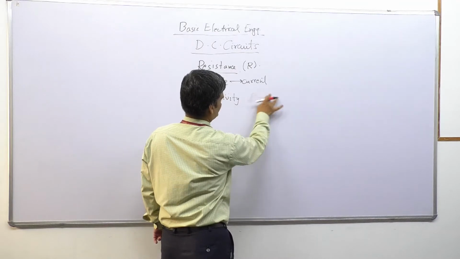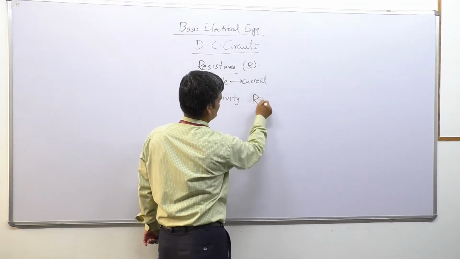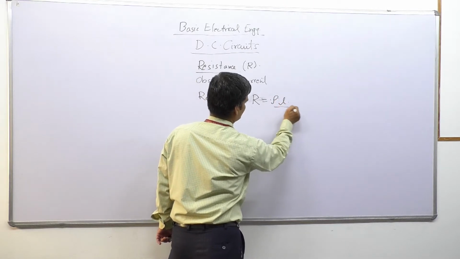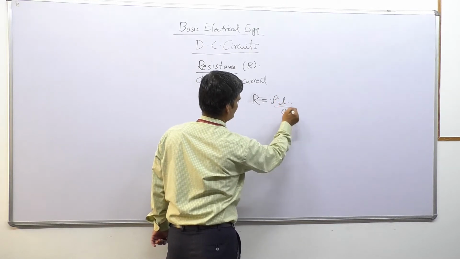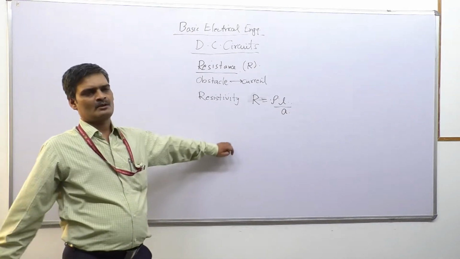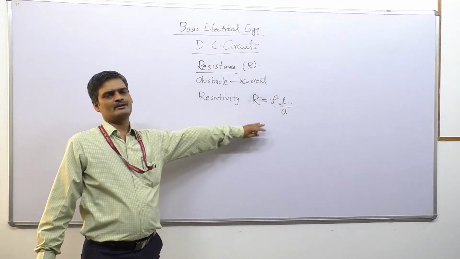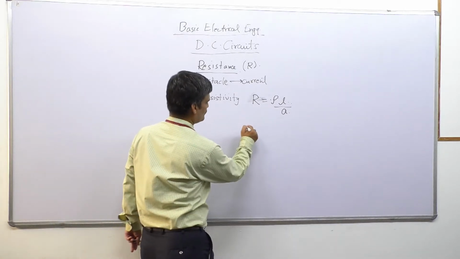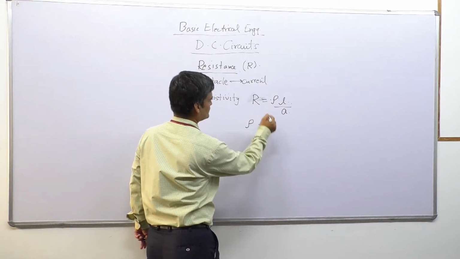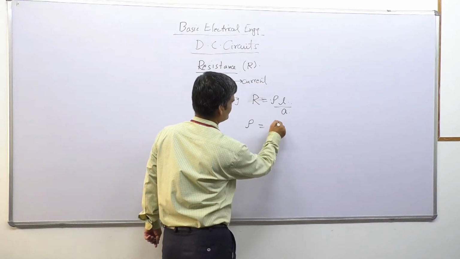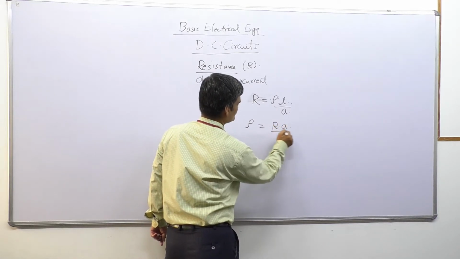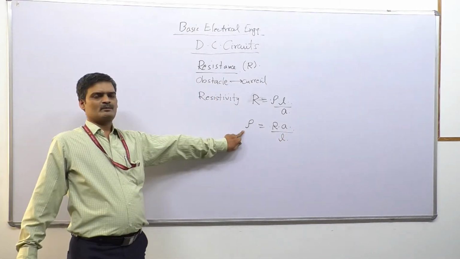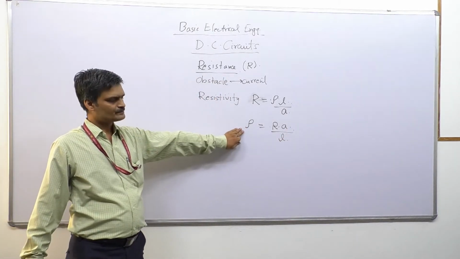Let us define it in terms of resistance. Resistance is proportional to the length of a material, whereas inversely proportional to the cross-sectional area, which is perpendicular to the flow of current. So this property, resistivity, we can write in terms of resistance, and this is the inherent property of the material.